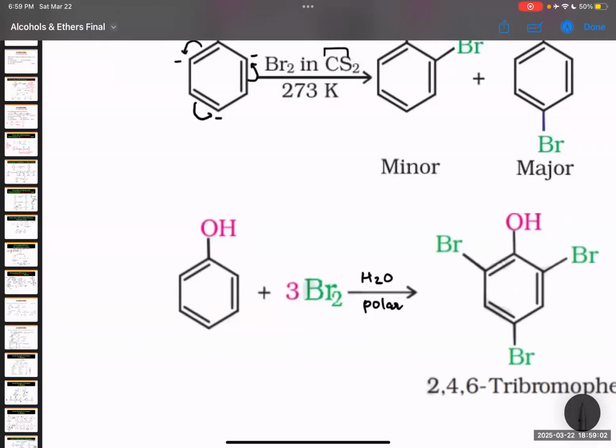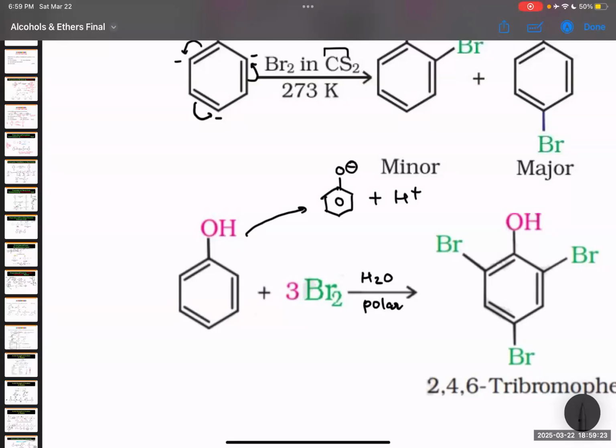If you put it in water, water being a polar solvent, it will let the phenol ionize itself because it has acidic hydrogen. You know that. So phenol will get ionized to phenoxide ion and H plus.